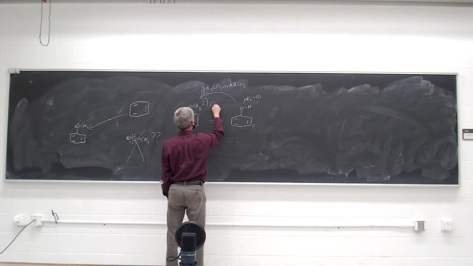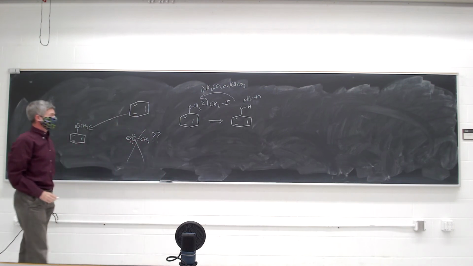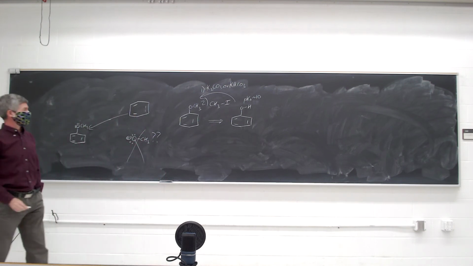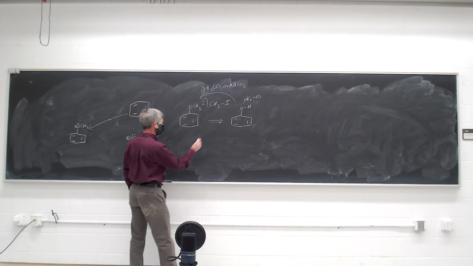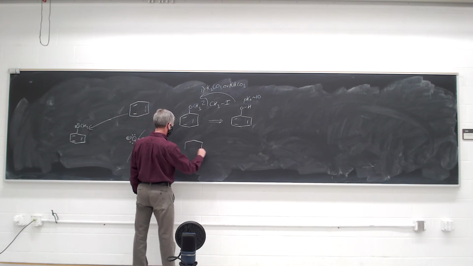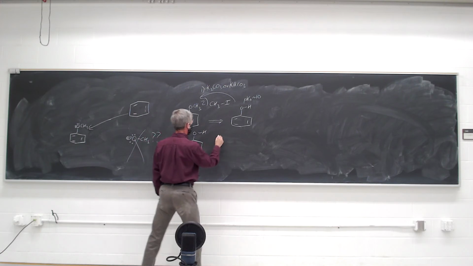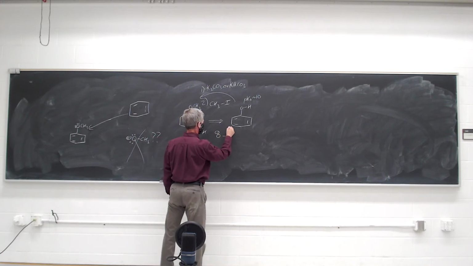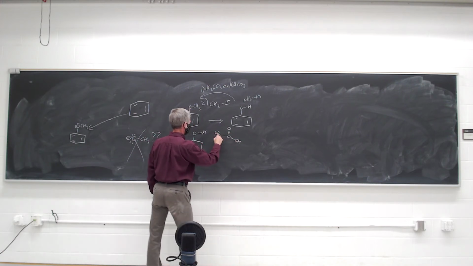And then the phenoxide ion would be very good as a nucleophile to attack methyl iodide. So mechanistically it would look like this. Bicarbonate ion would take that proton off.